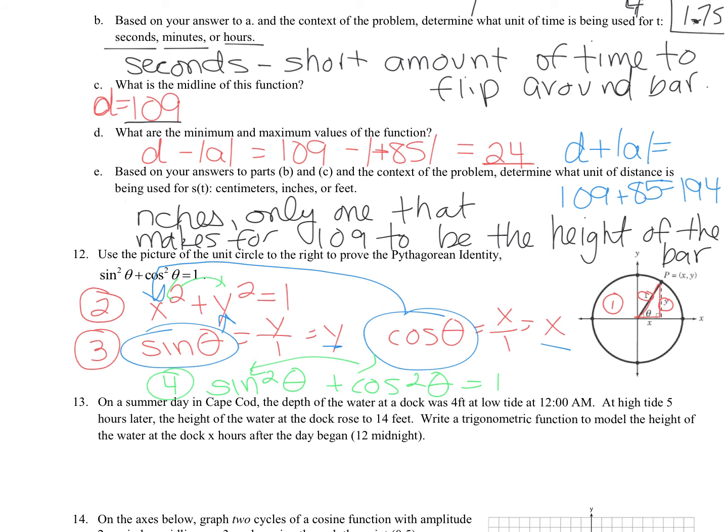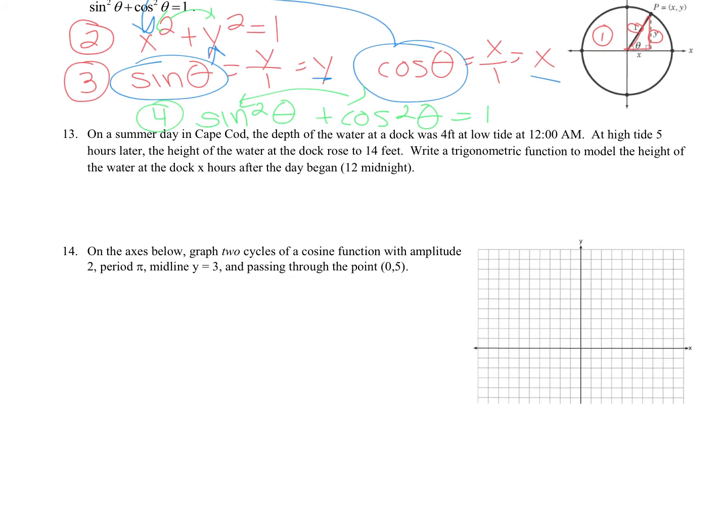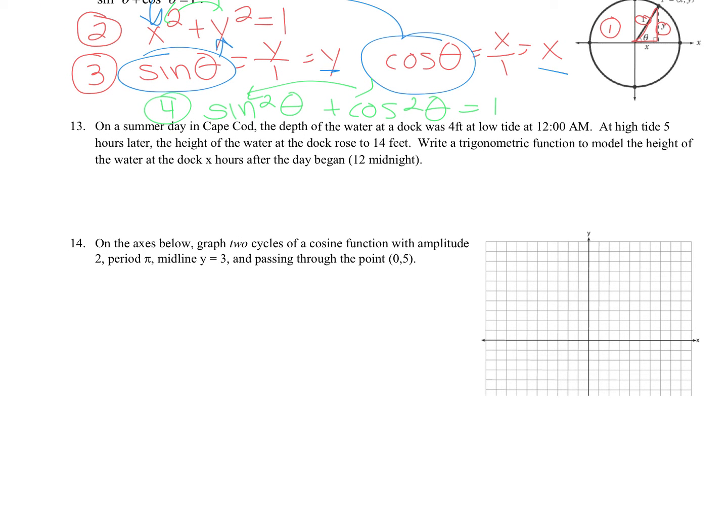The next one says, on a summer day in Cape Cod, the depth of the water at a dock was 4 feet at low tide. At high tide, 5 hours later, the height of the water at the dock rose to 14 feet. Write a trigonometric function to model the height of the water at the dock x hours after the day began.